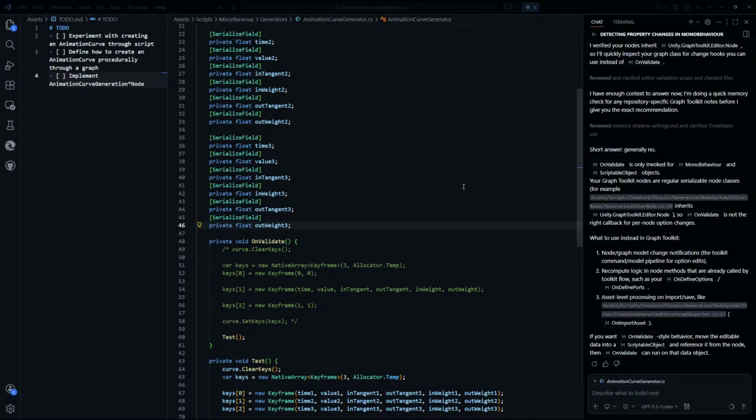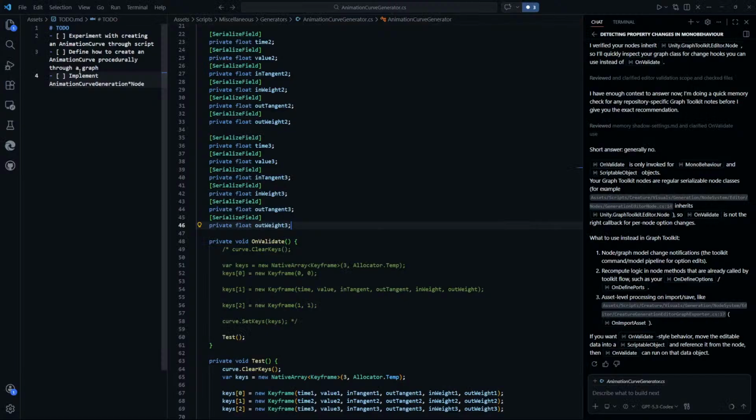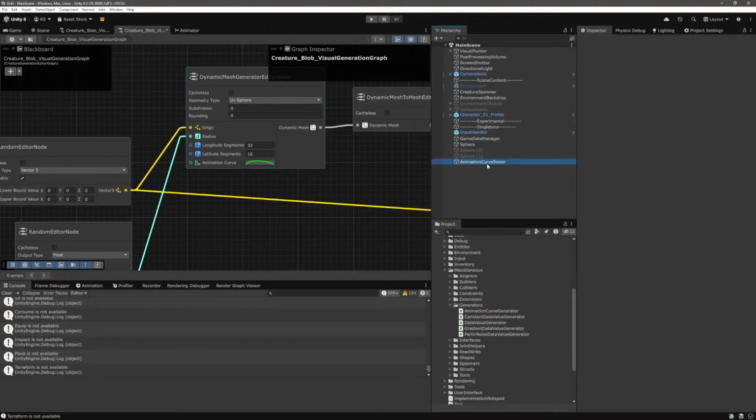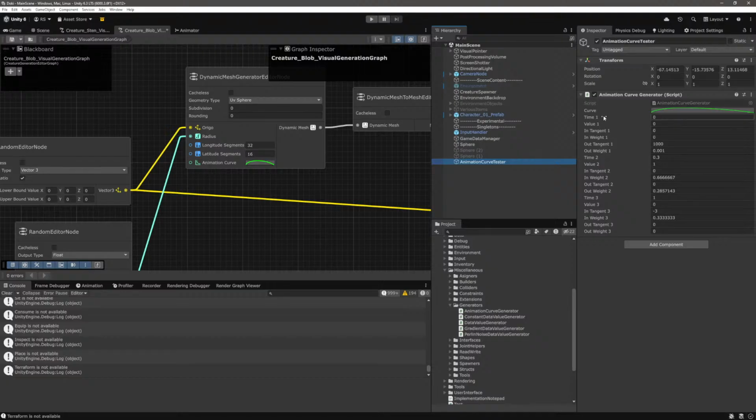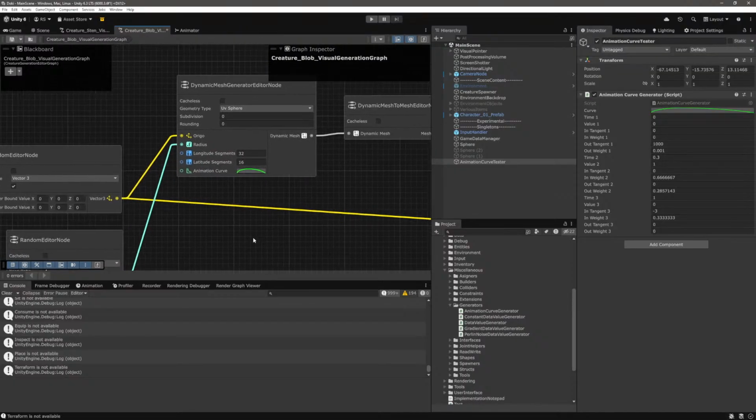Okay, so basically, let's just define what we want to do first of all. We want to be able to define this basically, the first node and the last node. Yes, okay, maybe.